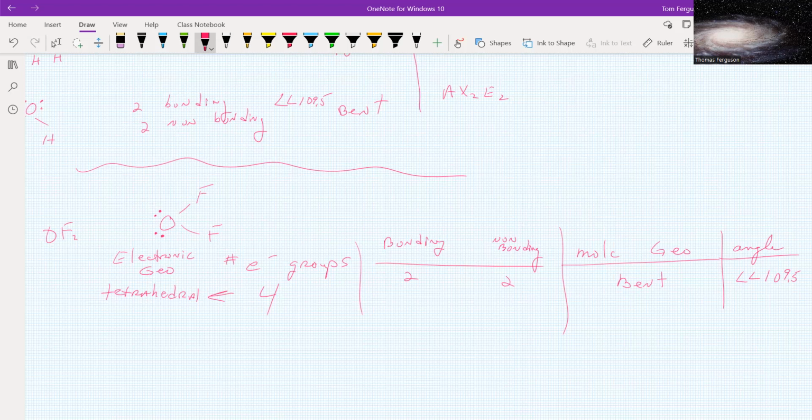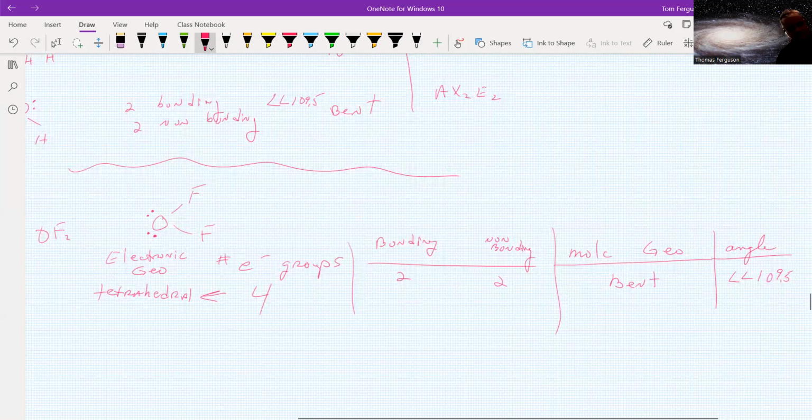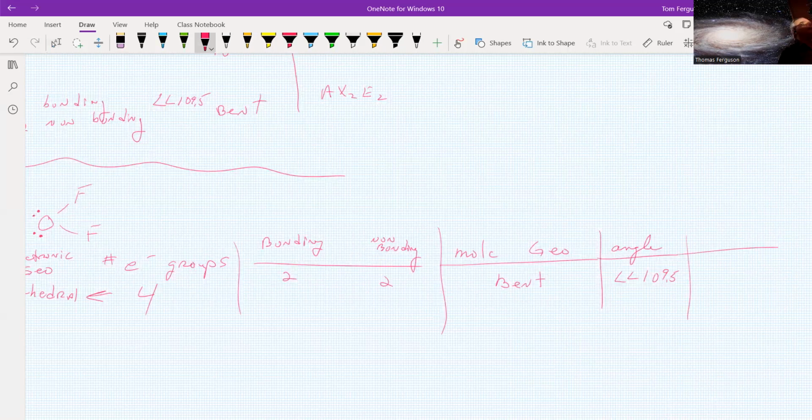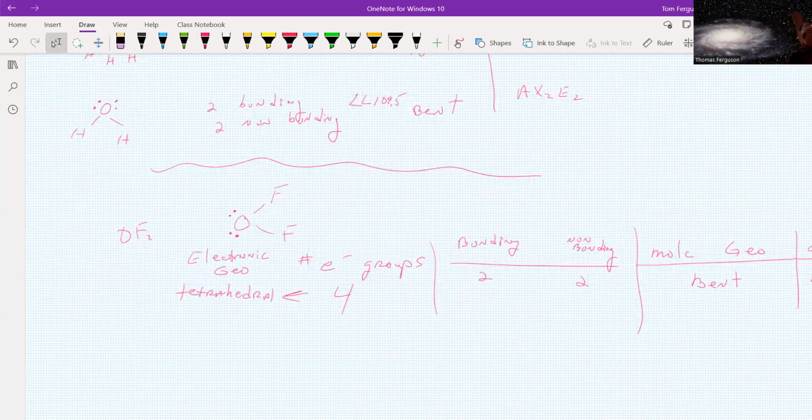What do the arrows mean? We're talking about this arrow.